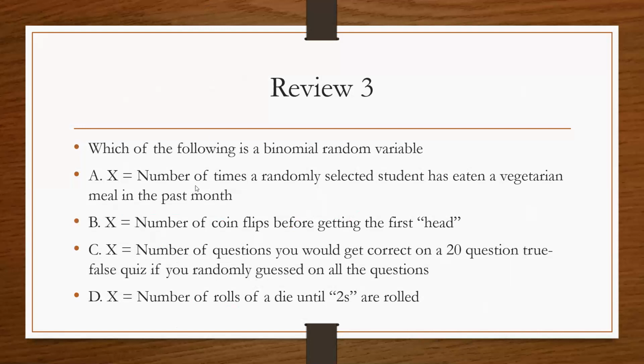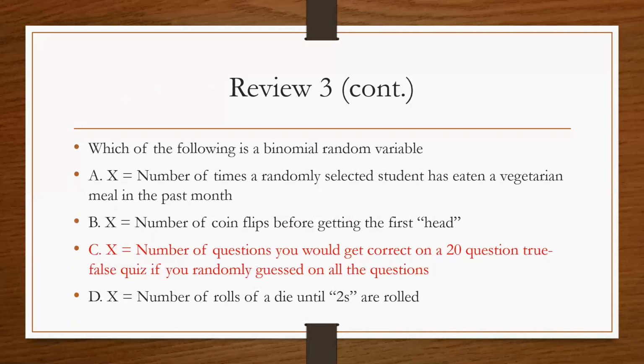All right, so the correct answer here is C. The reason why it is C is because it satisfies all 3 rules: you have a set sample size of 20, you have the same probability that something is going to be chosen, and each trial is independent of each other.